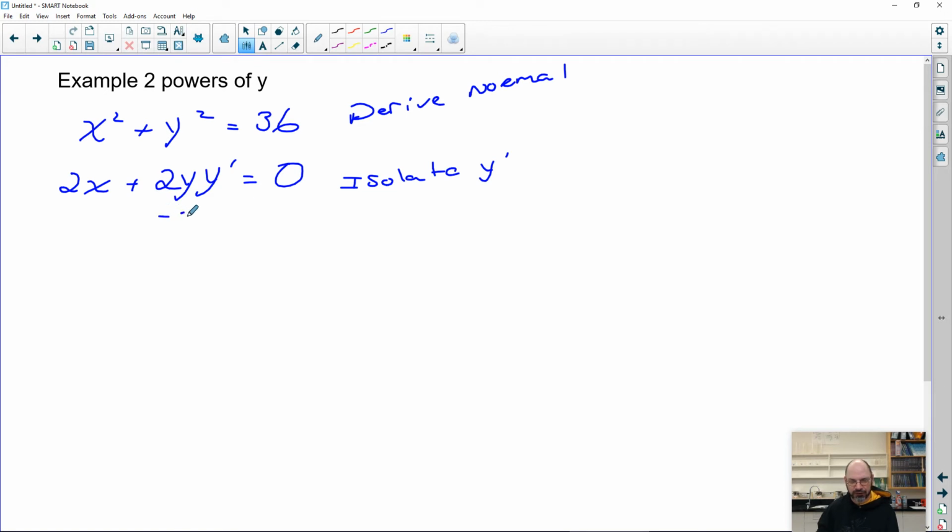So we're going to subtract 2y y prime, because y prime represents a derivative, from both sides. So we've got 2x is equal to, because we subtracted it there, negative 2y y prime. Now we've got to divide by negative 2y on both sides.